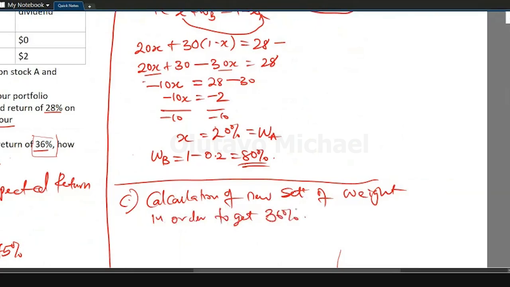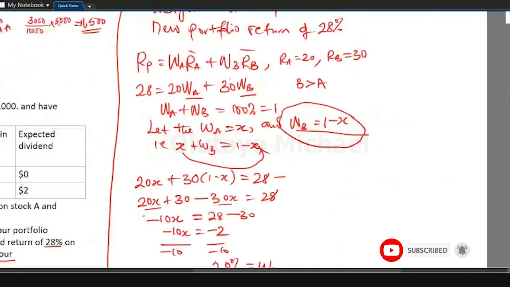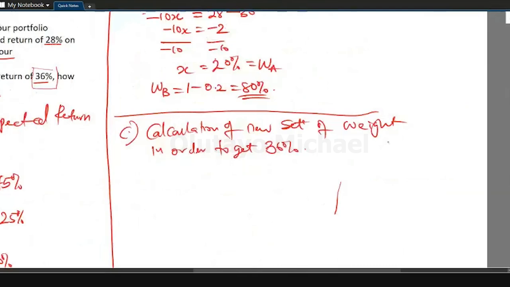The new set of weights will be just like the first scenario here. So you might want to also do that from your end. How many percent of A are we going to get, and how many percent of B? Please drop your answer in the comment section.